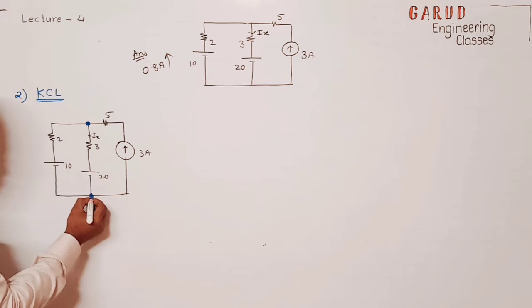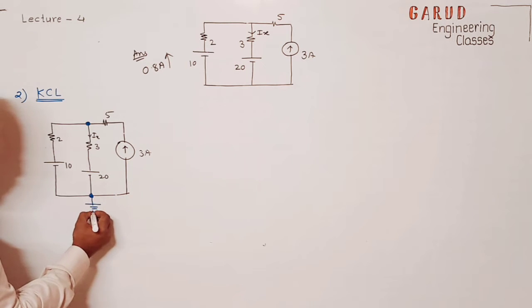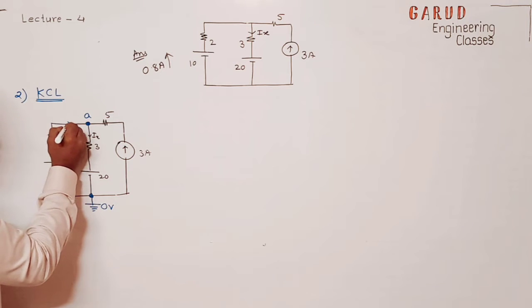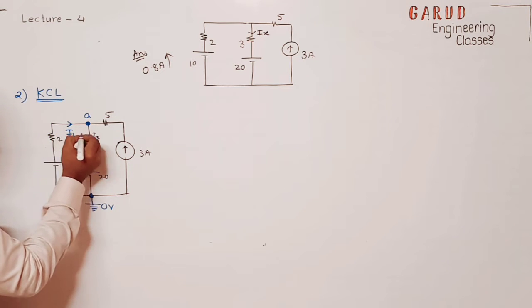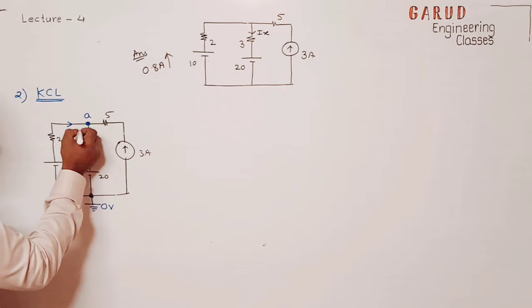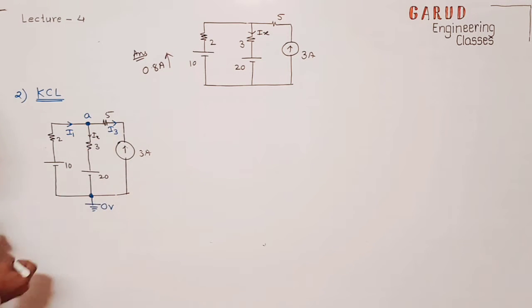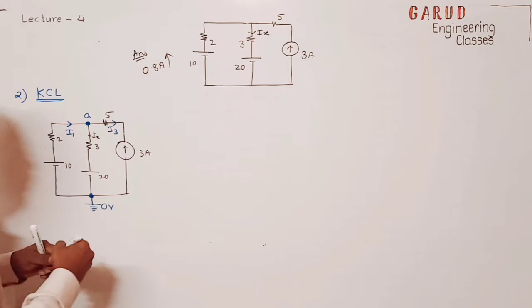The lowest one should be grounded, this is 0 volt, and we mark the other as node A. Now we have to assume currents. Few currents we say incoming. Here this is Ix, I can also say I2, and here I can say I3. So here we can write using KCL.